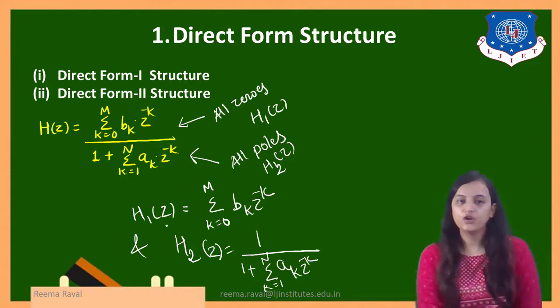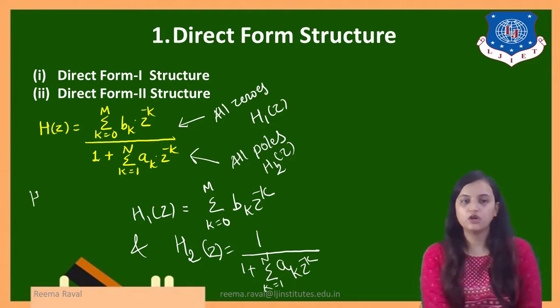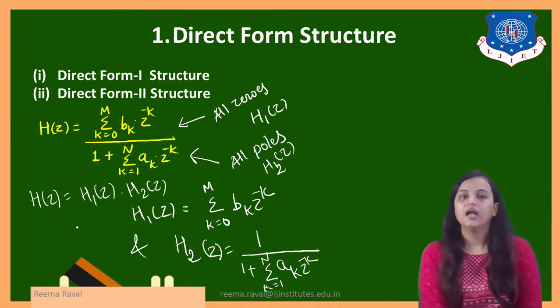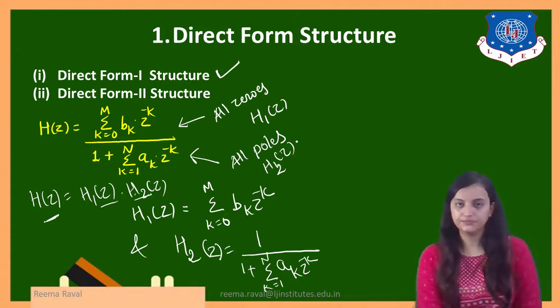Whenever I take H1(z) and H2(z) by representing the all-zero and all-pole systems differently, and then multiply them to get H(z), that means H(z) equals H1(z) into H2(z), and if I represent the individual systems like this to get the final structure H(z), this is referred to as the direct form 1 structure.